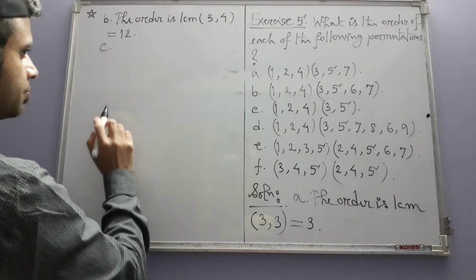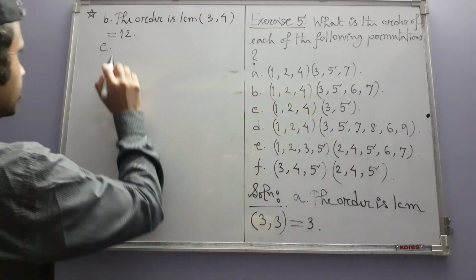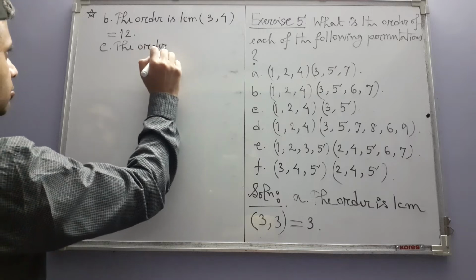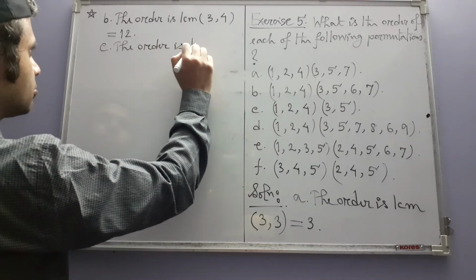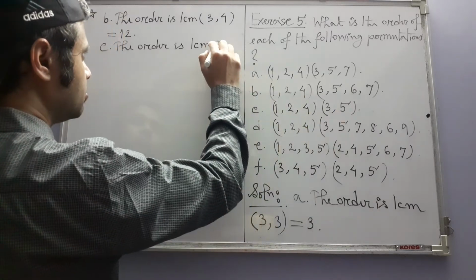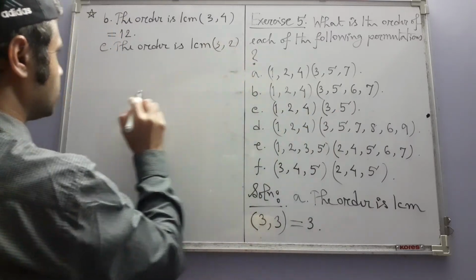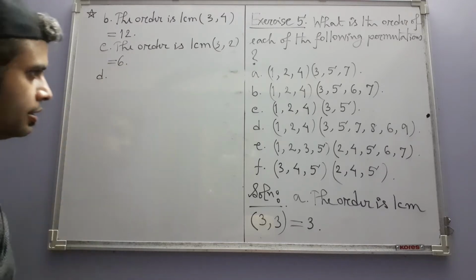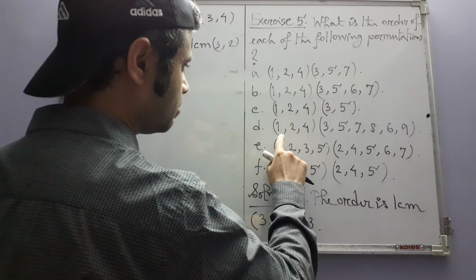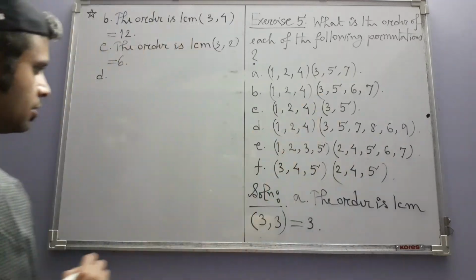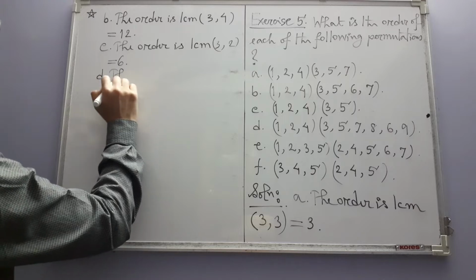C. Here also the cycles are disjoint. 3 and 2, that is 6. Then D, 1 is not there, 2 is not there, 4 is not there, so these are also disjoint.